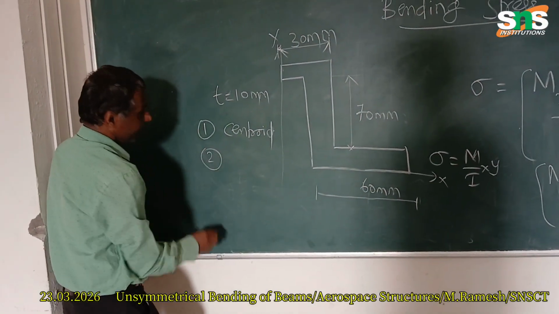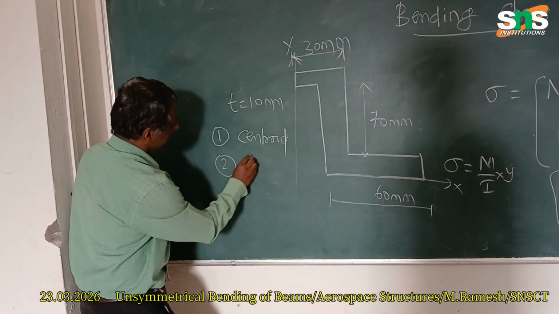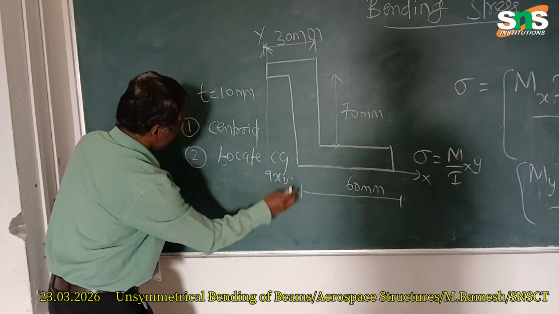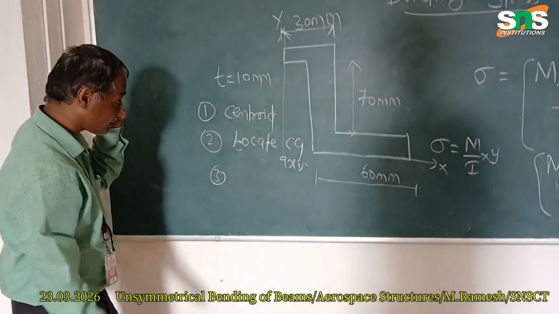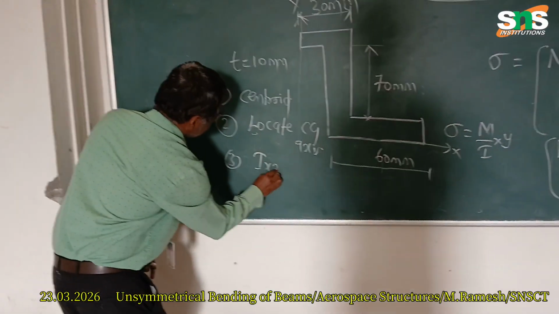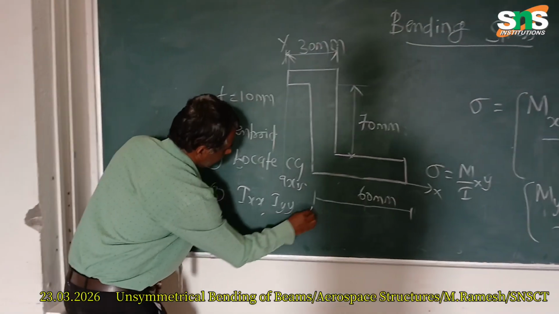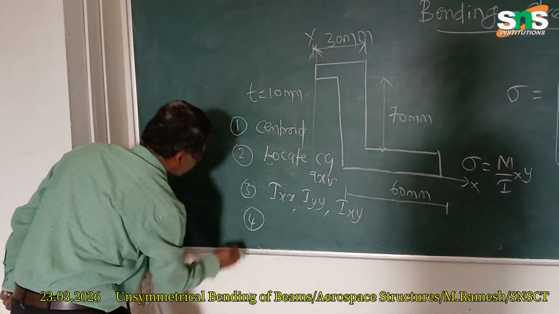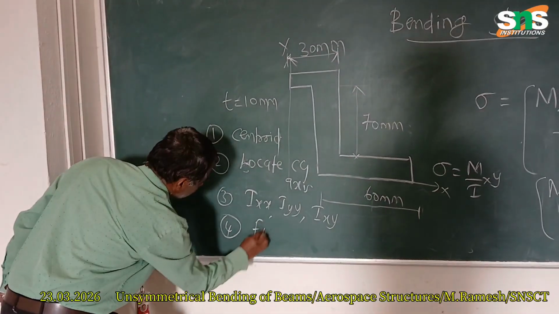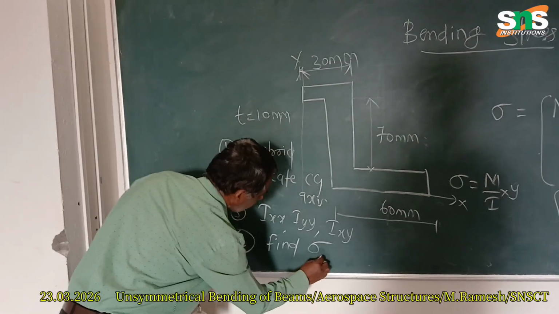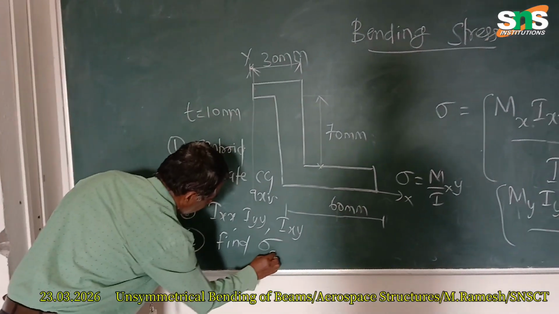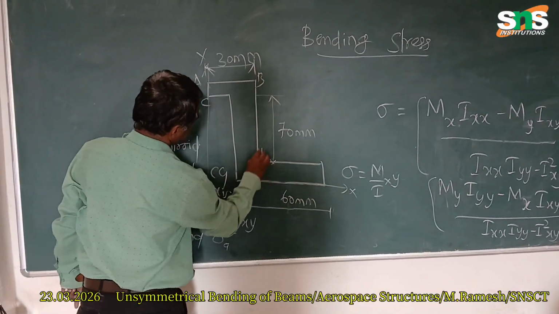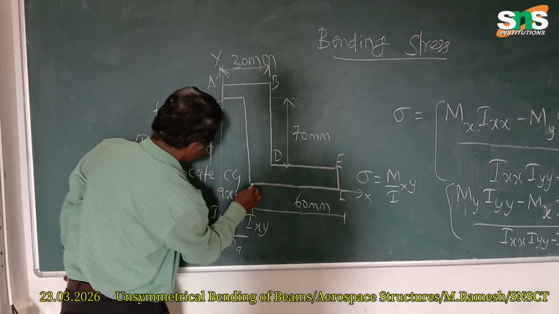Step 1 is finding the centroid. The second step is to find the moment of inertia, locating the centroid, the CG axis. The third step is to find Ixx, Iyy, Ixy. Then find sigma, the bending stress, at any point A, B, C, D, E, F, G, whichever point is given.